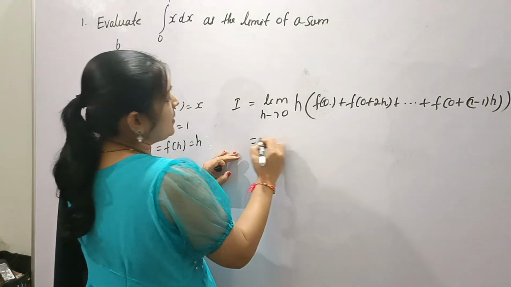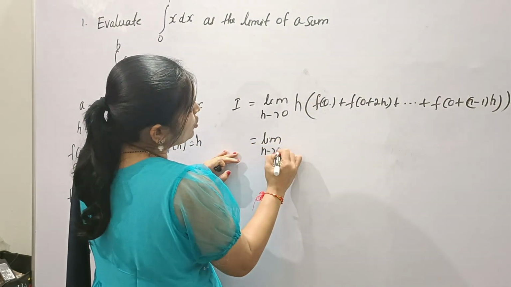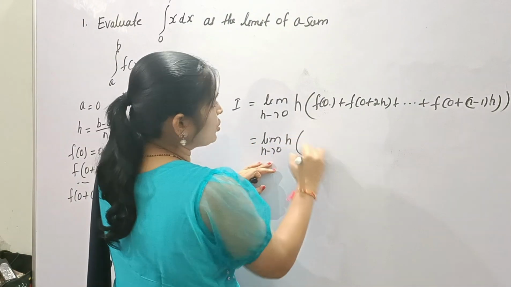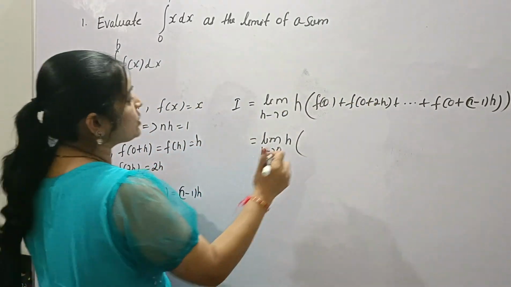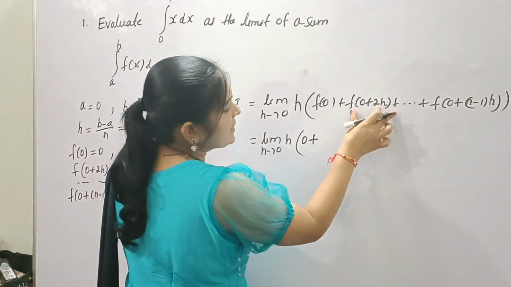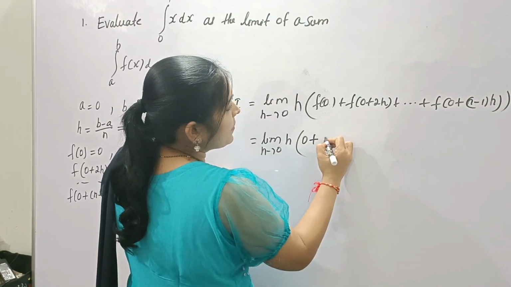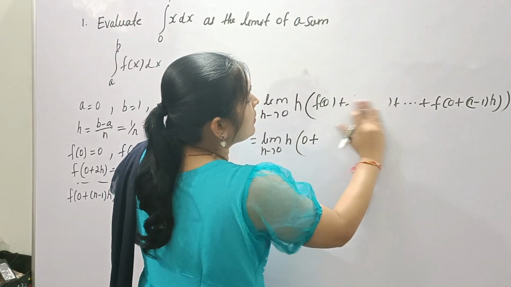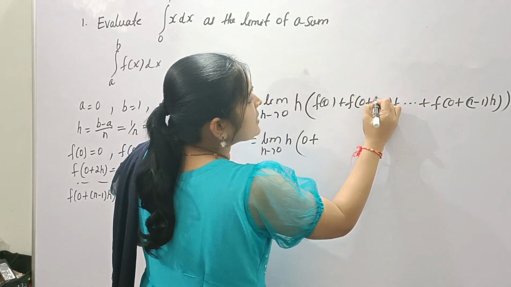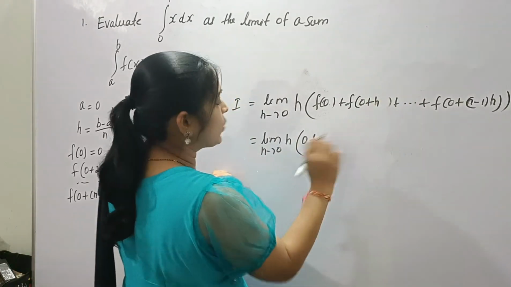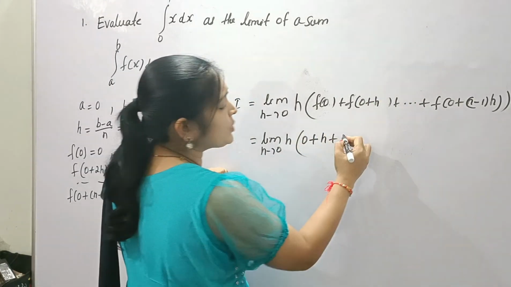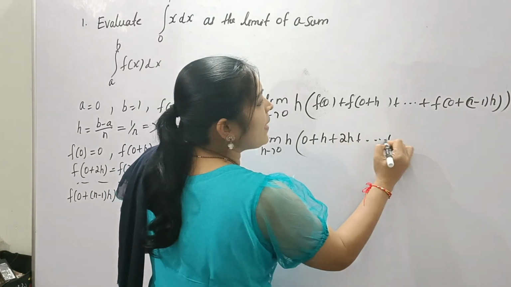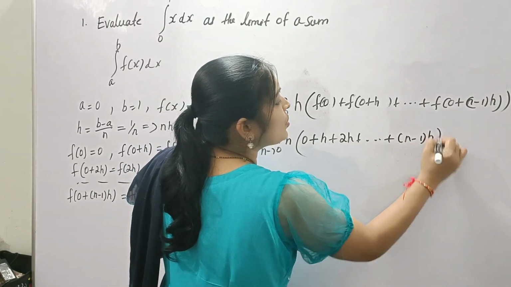That is limit h tends to 0, h into, we have to substitute these values. What is f of 0? It is 0, plus f of 0 plus h is h, plus f of 0 plus 2h is 2h, plus etc. plus n minus 1 into h.